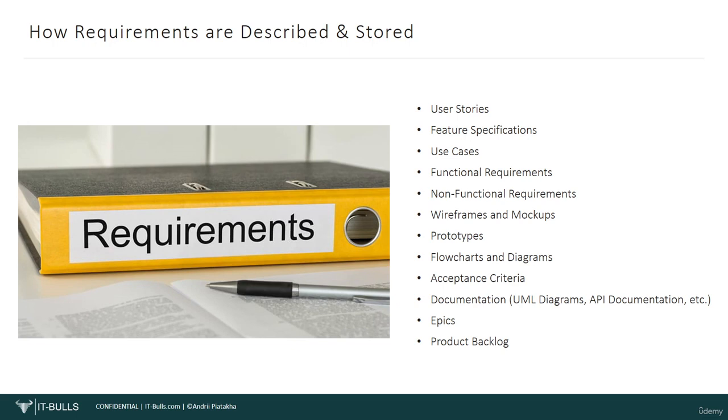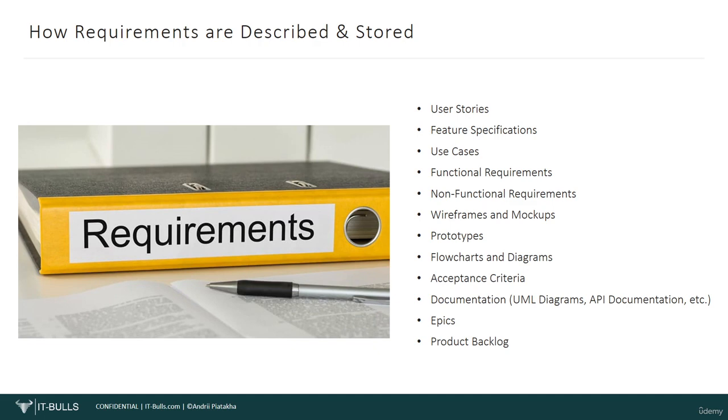Product backlog is a dynamic list of all desired features, enhancements, and bug fixes for a project. It's often organized and prioritized to guide development. The choice of format often depends on the development methodology being used, either it is agile, waterfall, etc., the complexity of the project, and the communication preferences of the team and stakeholders. Many modern development teams use a combination of these formats to ensure a clear and comprehensive understanding of project requirements.